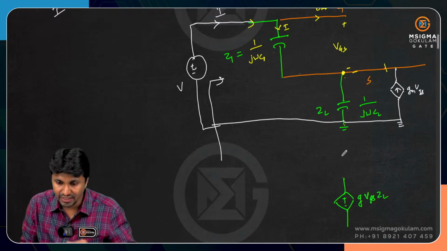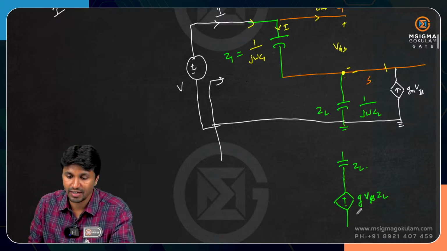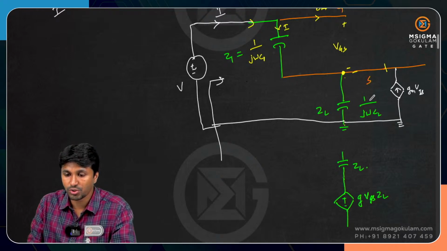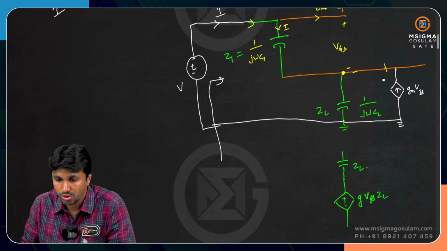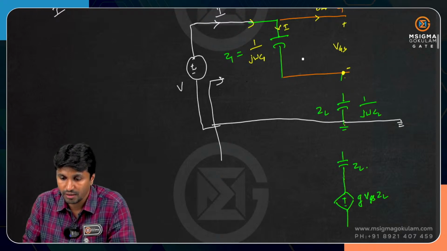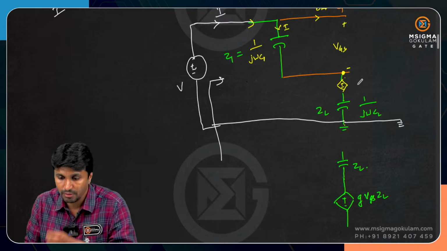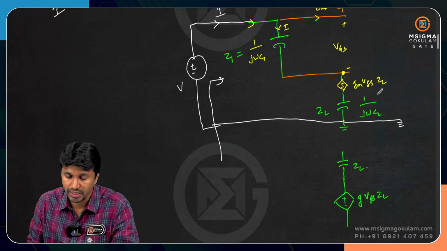The impedance remains the same, so this is ZL. I'll replace this with a practical voltage source, a dependent source with magnitude gm VGS into ZL.